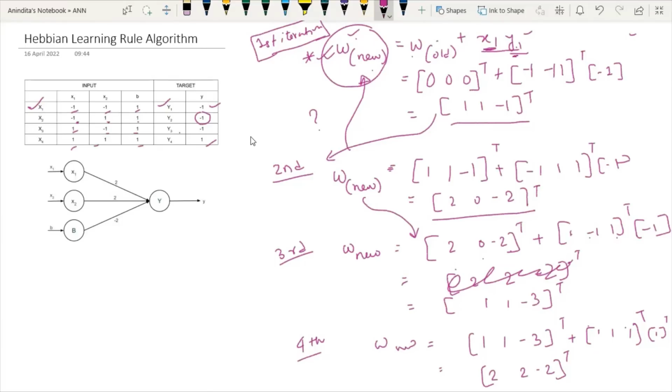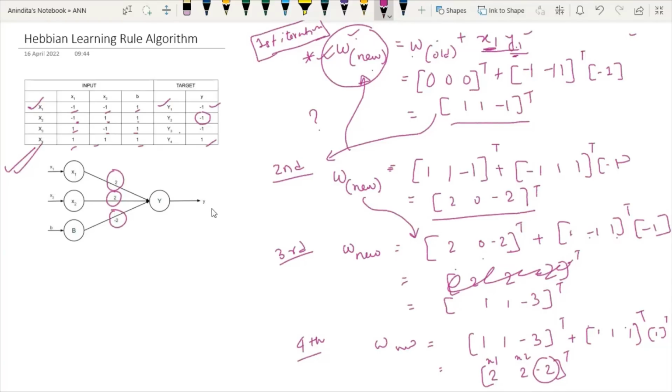So how will the final network look? This is the output of the final neural network, and see what values I am getting. The value of x1 is 2, it is mentioned over here. The value of x2 is 2, it is written over here, and the value of the bias is minus 2, it is written over here.